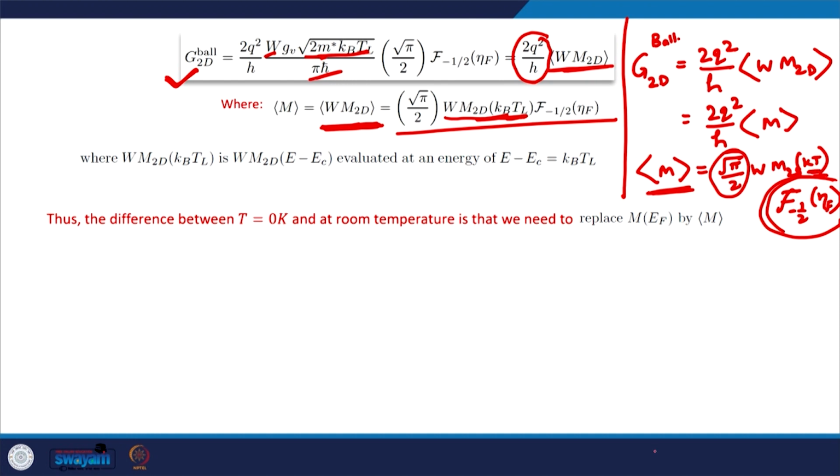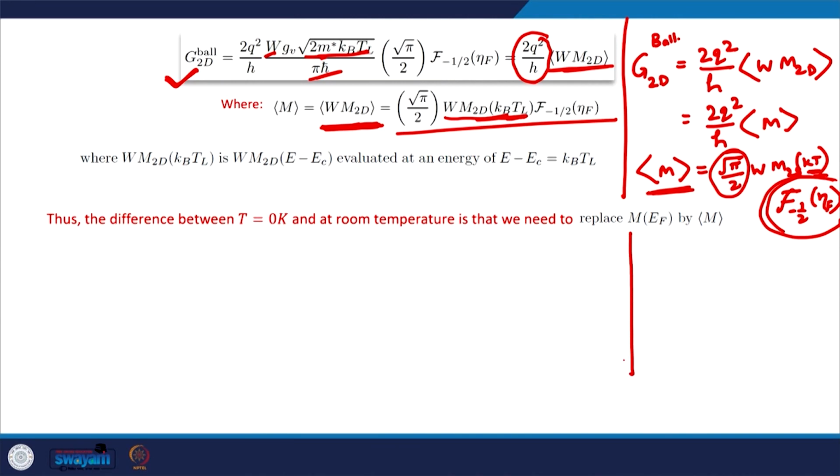That is true for the non-degenerate cases. And if you recall that at T equal to 0 Kelvin, the conductance was essentially 2q square by h M(EF). So, what changes at room temperature is this.